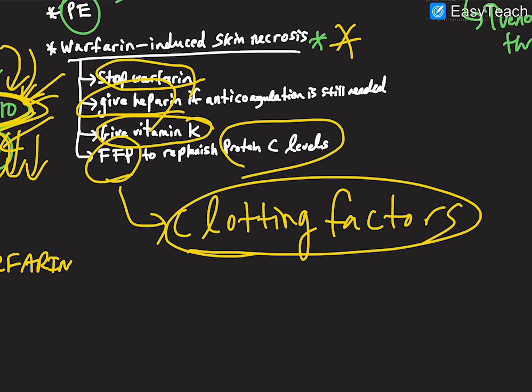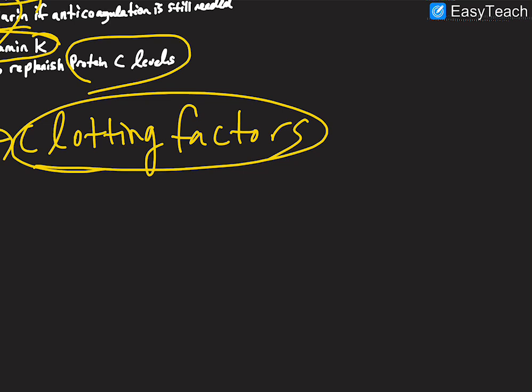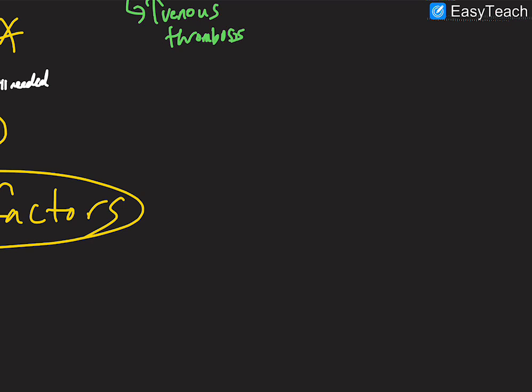All right, so we should talk about the heparin bridge, because we're talking about warfarin-induced skin necrosis. So what is the heparin bridge? Real quickly, in high risk patients, meaning patients that are at high risk of forming clots. What types of patients?